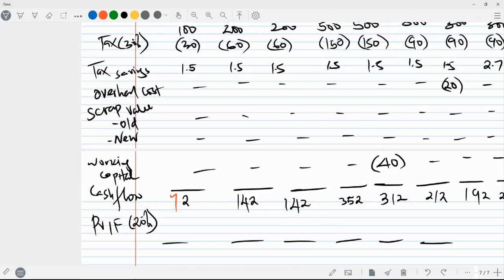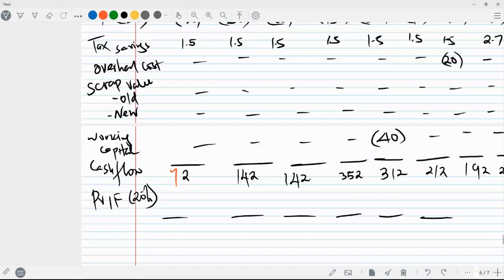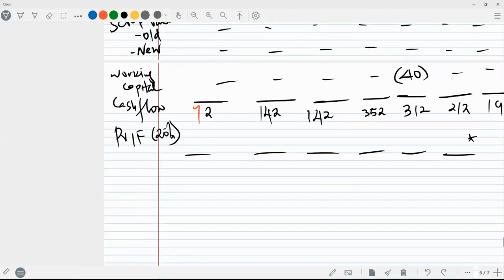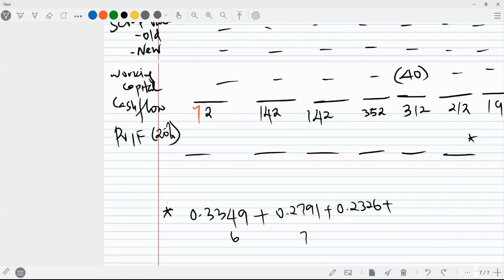The factor will be equal to the factor for year 6 at 20%, which from the table is 0.3349, plus the factor for year 7, 0.2791, plus the factor for year 8, 0.2326, plus the factor for year 9, 0.1938. Combined, how much do you get for those 4 years?